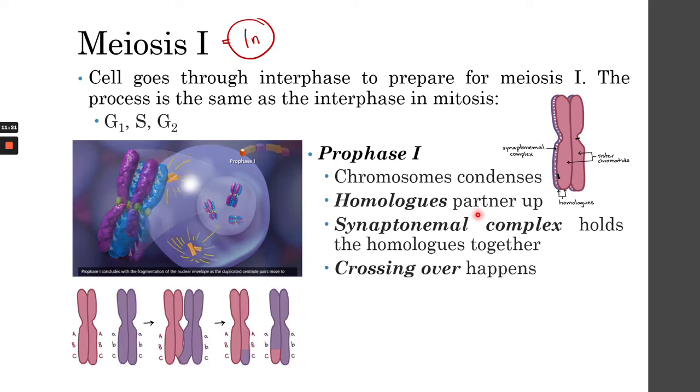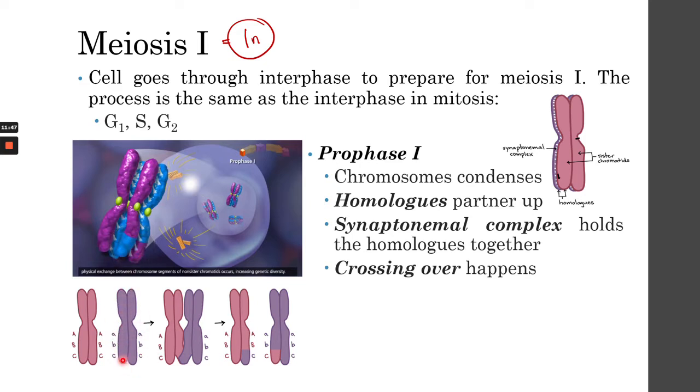Moreover, what is happening during prophase 1 in meiosis 1 is that there's some crossing over happening. So what that means is that this pair of homologs, this pair of chromosomes, actually exchange genetic material. As you can see here, this is one chromosome and this is the paired chromosome.